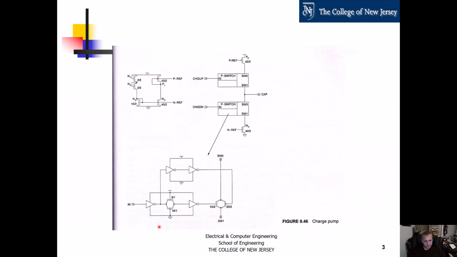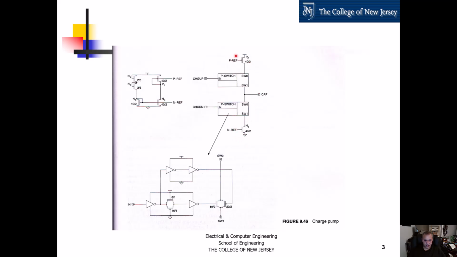Then we have the charge pump. The charge pump is given in these two diagrams here. That is the entirety of the charge pump. So first, we see the positive current source here and the negative current source.